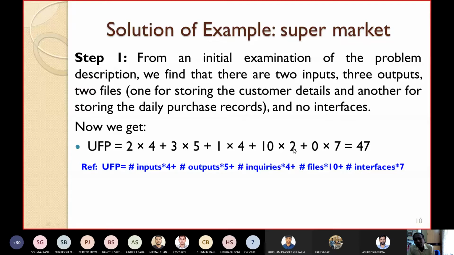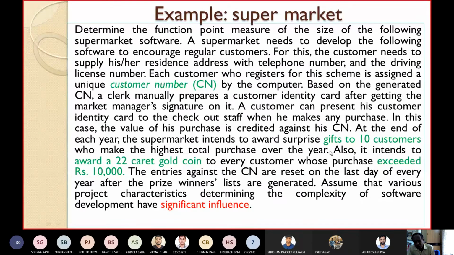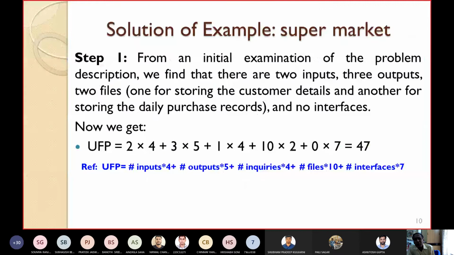For this one, nothing is mentioned, so I have assumed that it is 0. If you make more complex software, it will have interfaces to the bank gateway, some other database, etc., like Amazon or Flipkart. Then you count how many interfaces there are and put that value here. This is only an example I am saying.